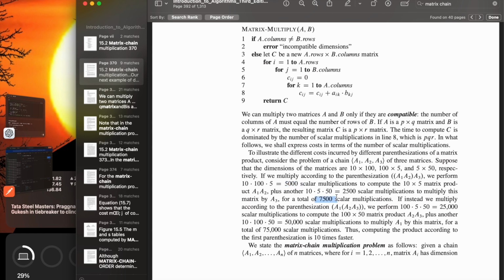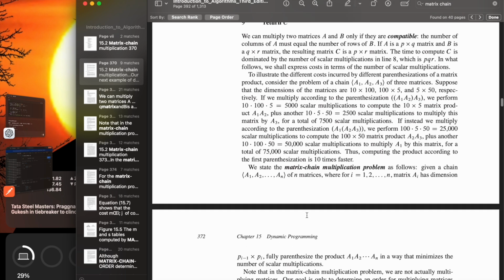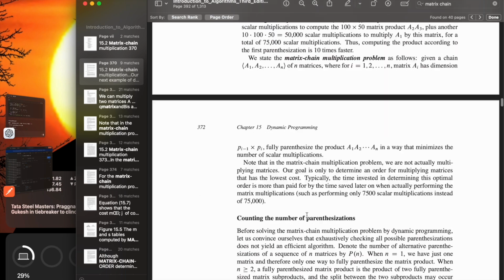Okay, but if we change the order, suppose we multiply a2 and a3 first, these two matrices first, then at the end our cost is 75,000 multiplications we need to do. So basically that's the same problem.